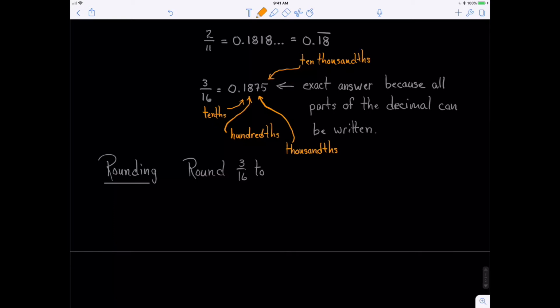Okay, so here's what we're going to do. Since 3/16 ends in the 10,000ths, let's round it to the nearest thousandth. Then we'll round it to the nearest hundredth, and then we'll even round it to the nearest tenth, and that's as far as we can go.